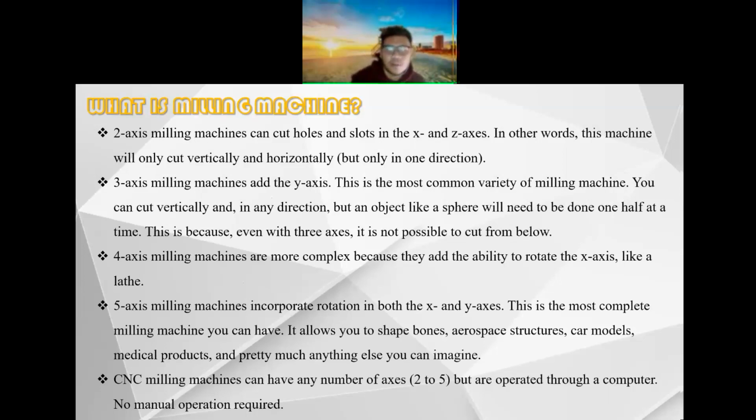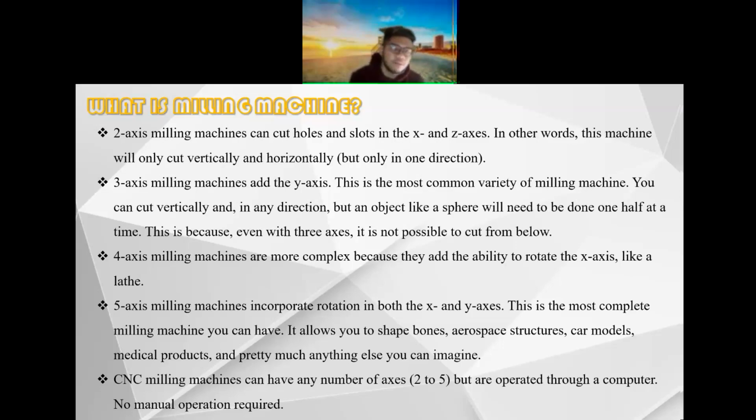This is the most common variety of milling machine. You can cut vertically and in any direction, but an object like a sphere will need to be done one half at a time. This is because it is three axis and it is not possible to cut from below.